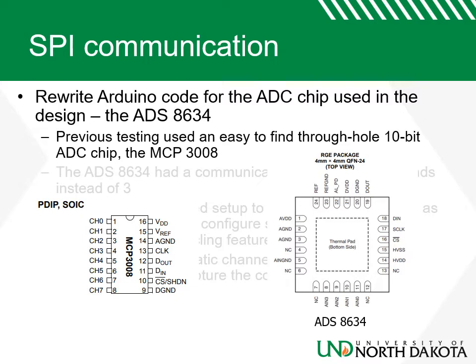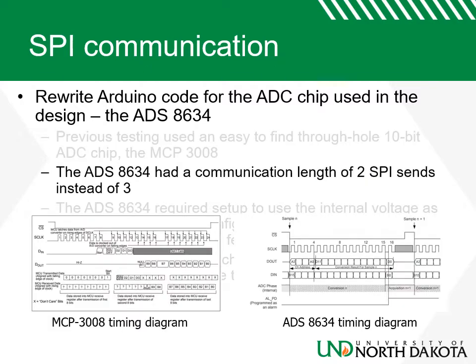Since the midterm report, the SPI communication had to be rewritten for the ADC chip used in the design, the ADS8634. The previous testing was on an easy-to-find through-hole 10-bit ADC chip, the MCP3008. The first adjustment was to change the number of sends between the Teensy and the ADC.